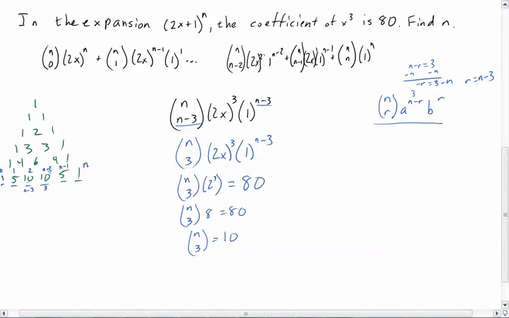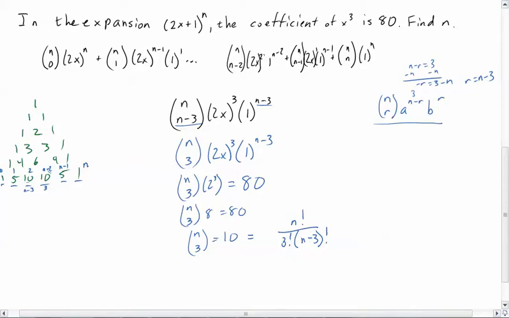Now at this point you'd have a hard time doing this if you weren't able to use the factorial formula. And so we're going to rewrite this as n factorial over 3 factorial times n minus 3 factorial. Now, this is where it comes in handy to be able to understand factorials, because we're going to need it right here.